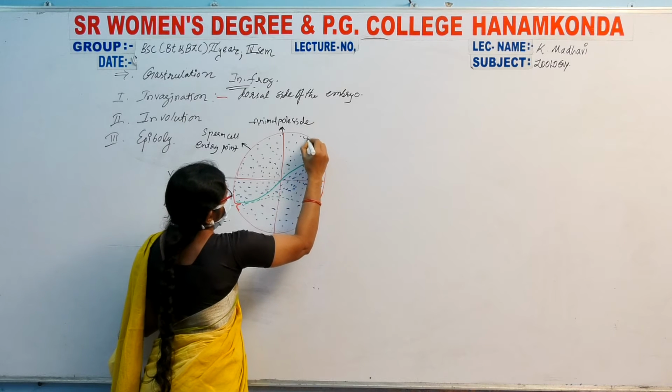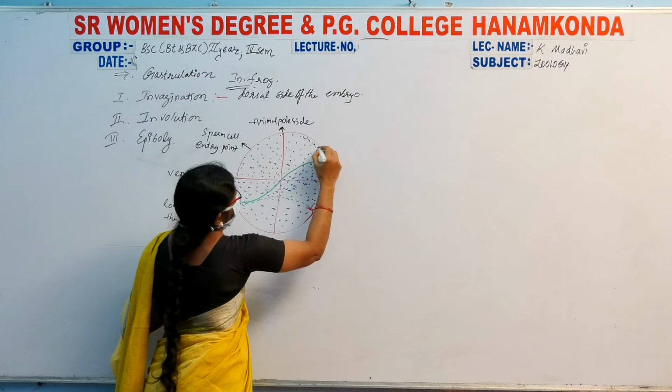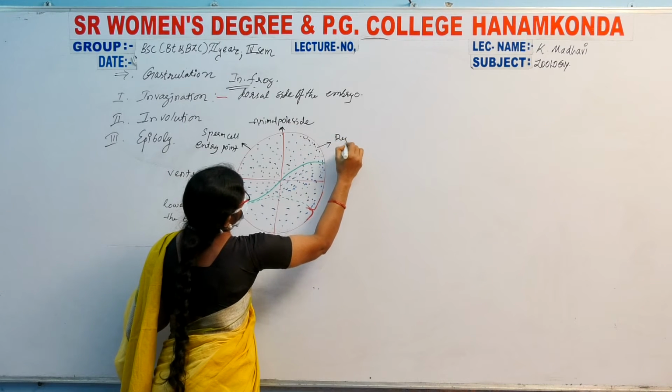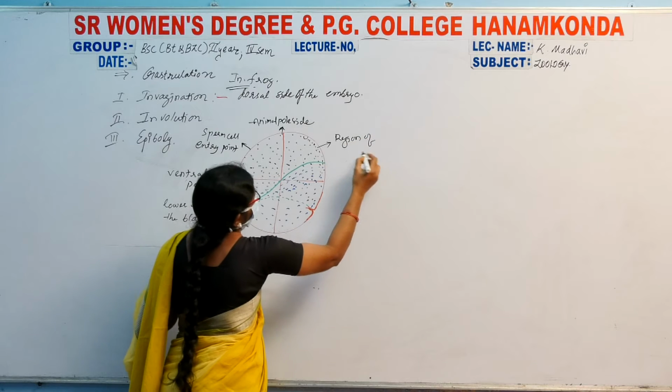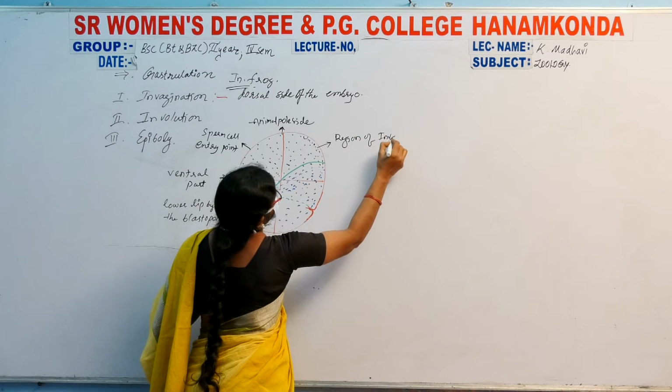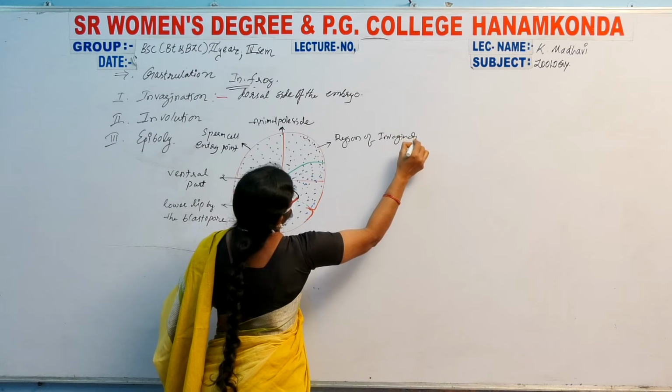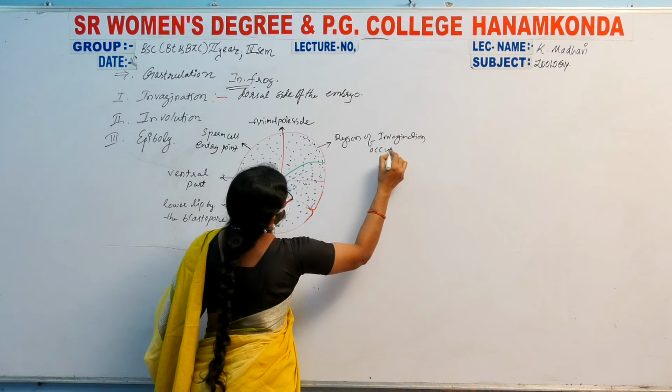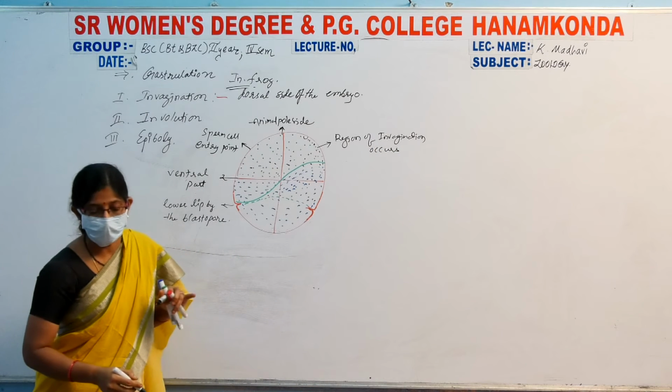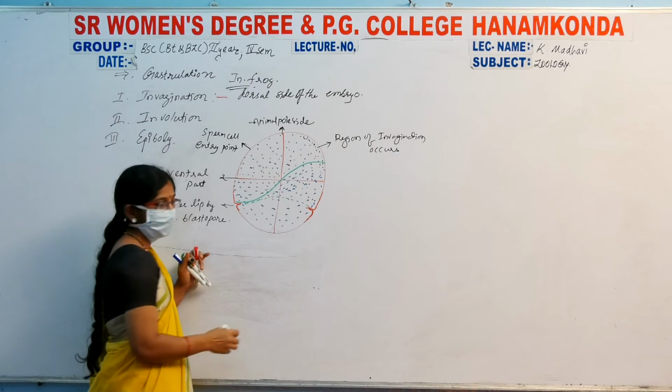This type of cells are formed here, in this region. Invagination occurs. The region of invagination occurs in this section.